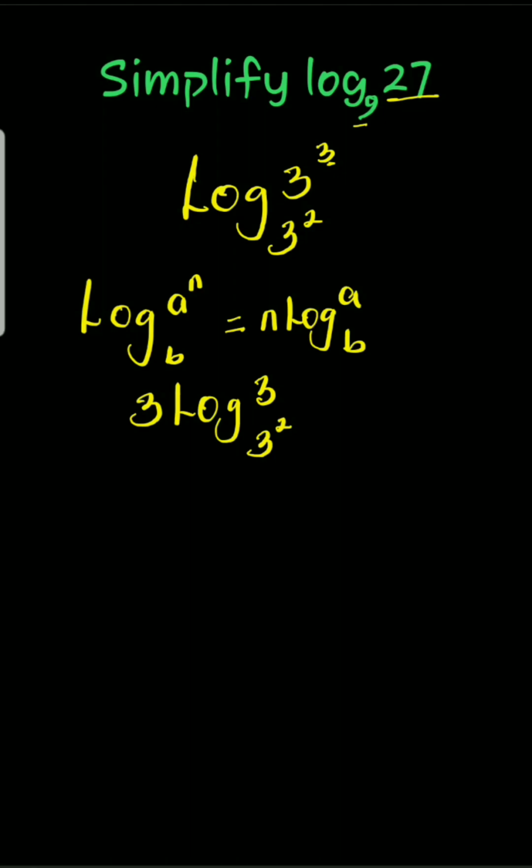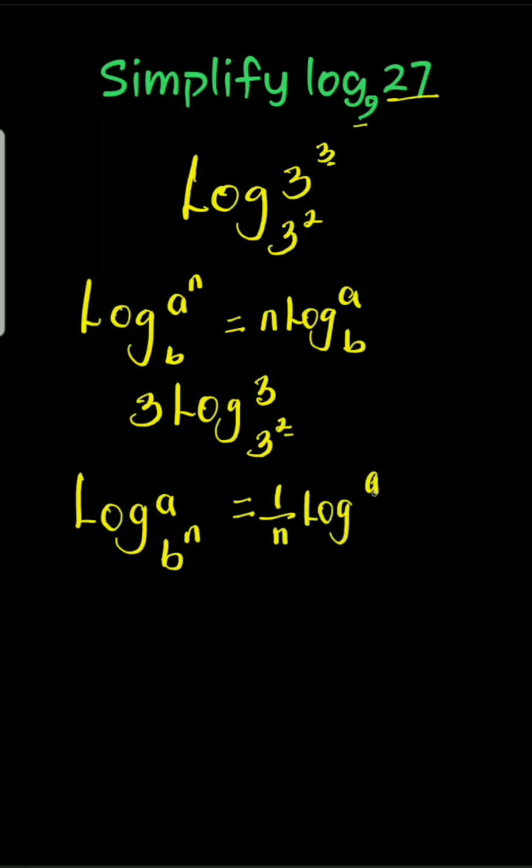We also have a law that makes provision for when the base has a power, and that law is log a base b raised to the power of n is equal to 1 over n log a base b. That is, whenever the base has a power, the power goes to the back, but this time around it becomes the inverse of the power.